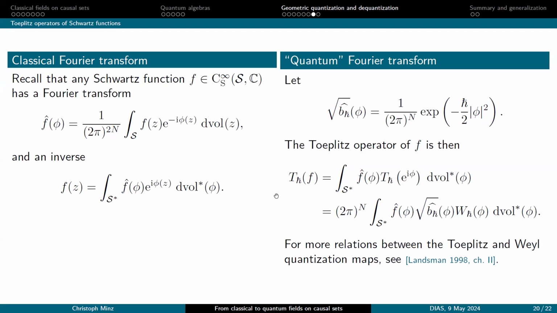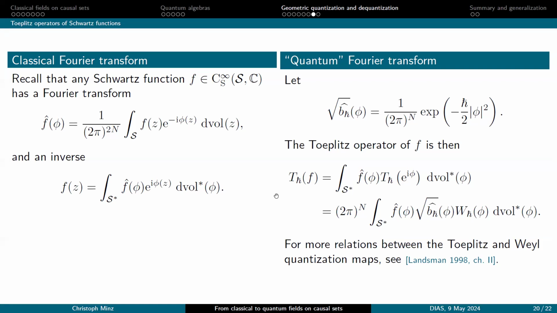So these two expressions, the Fourier transform and its inverse, we can use to also express any Schwartz function, or any Toeplitz operator of a Schwartz function, because the e to the i phi expressions in this Fourier expression can be essentially replaced by the Weil generators, by using these factors that we had seen on the previous slide, which I call here a square root of b, which is a bit more involved expression, but it has a meaning why it's this square root, which I will come to in the next slides.